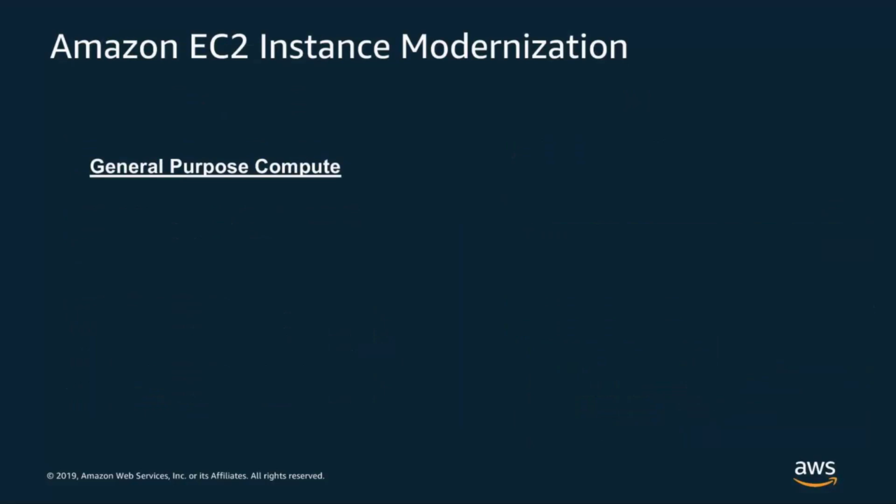When we think about how the new AMD EPYC instances fit into our family, we want you to think about a couple different cases. The first one is if you're currently on M3, M4, or T2, some of the older generation EC2 instances, or if you're leveraging M5 and T3, so you've already moved to our latest generation instance types, but maybe you're not getting full optimization out of those and you find your CPU utilization is quite low.